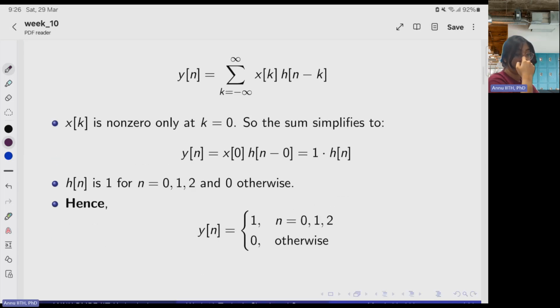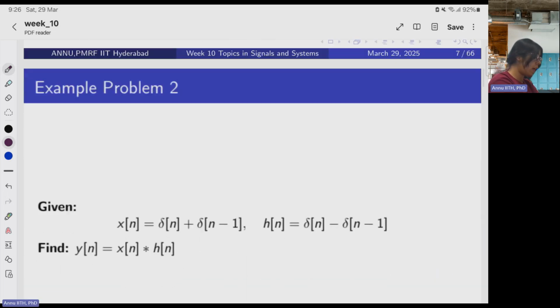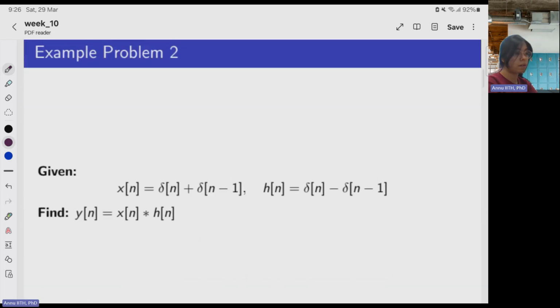Hence y is equal to 1 for n equals 0, 1, 2, and otherwise it is 0. I will ask you to solve this question. How will you solve it?